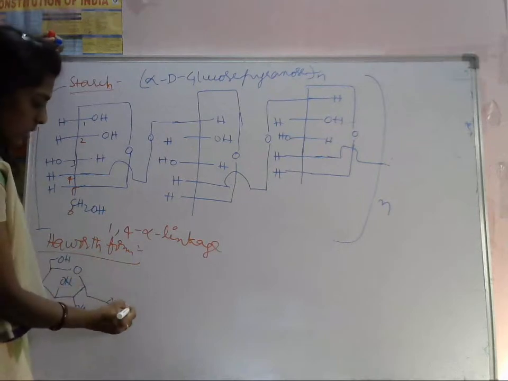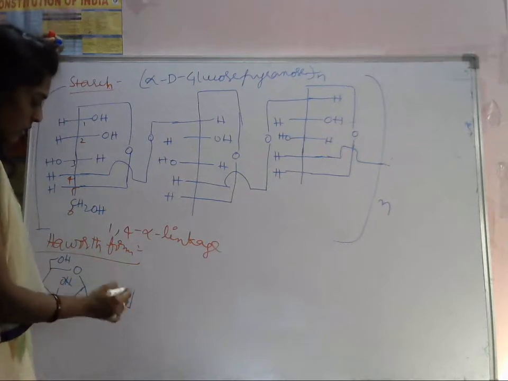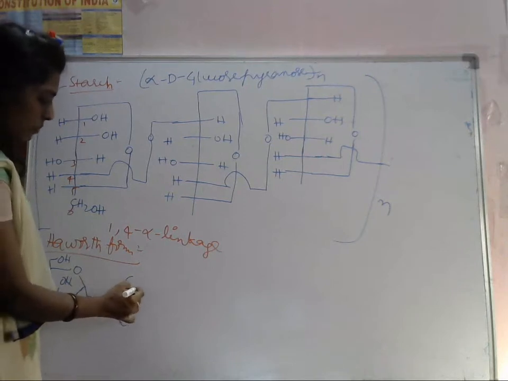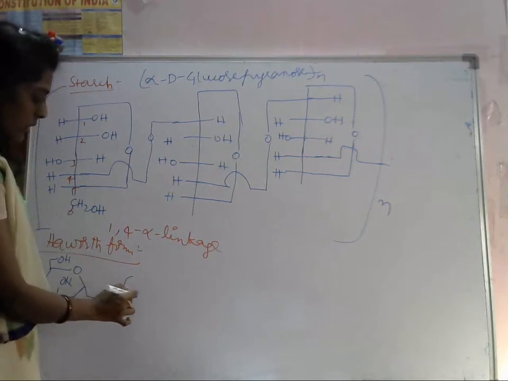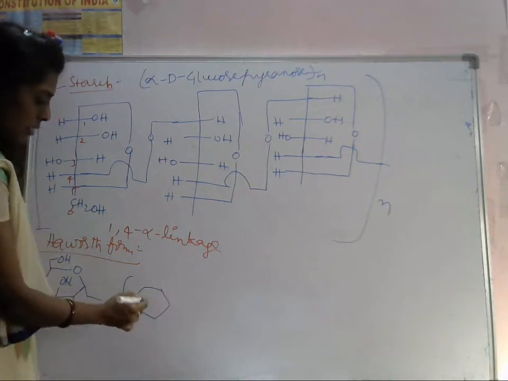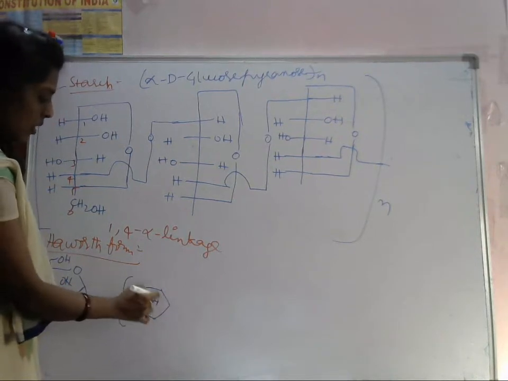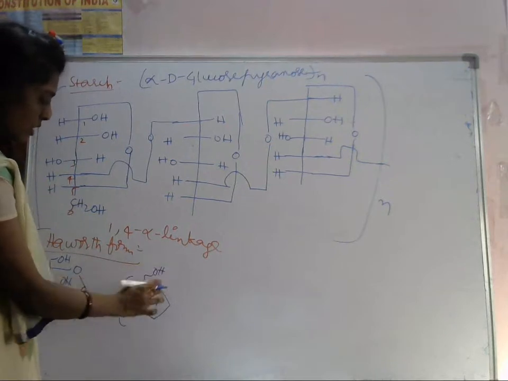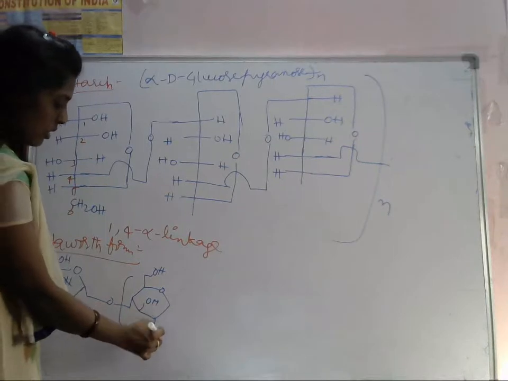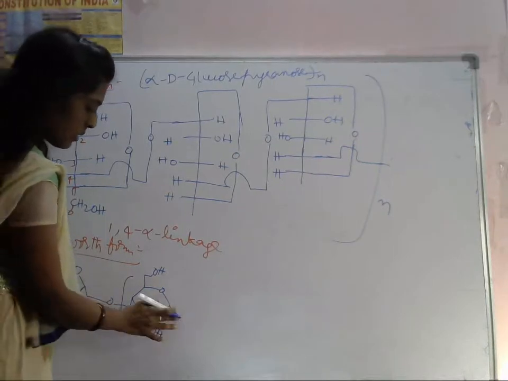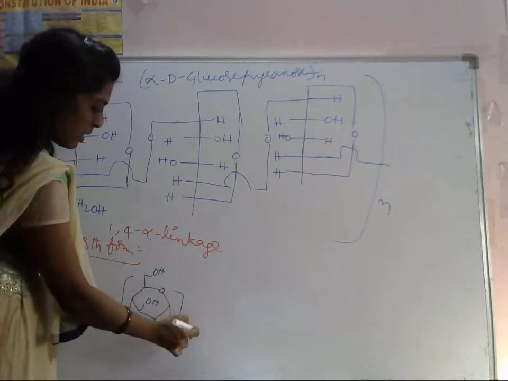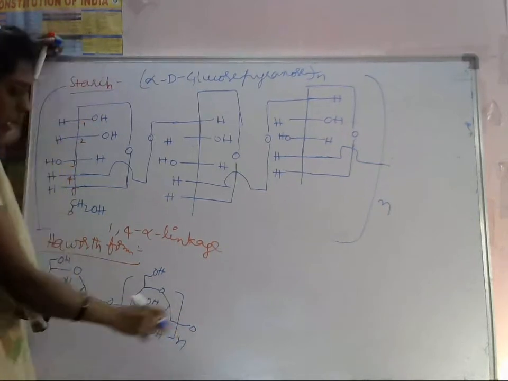So this is called this one. If it is having n times, then it is called starch. OH here, OH here, oxygen is there, here OH. We can represent it at any, if it is having n times.